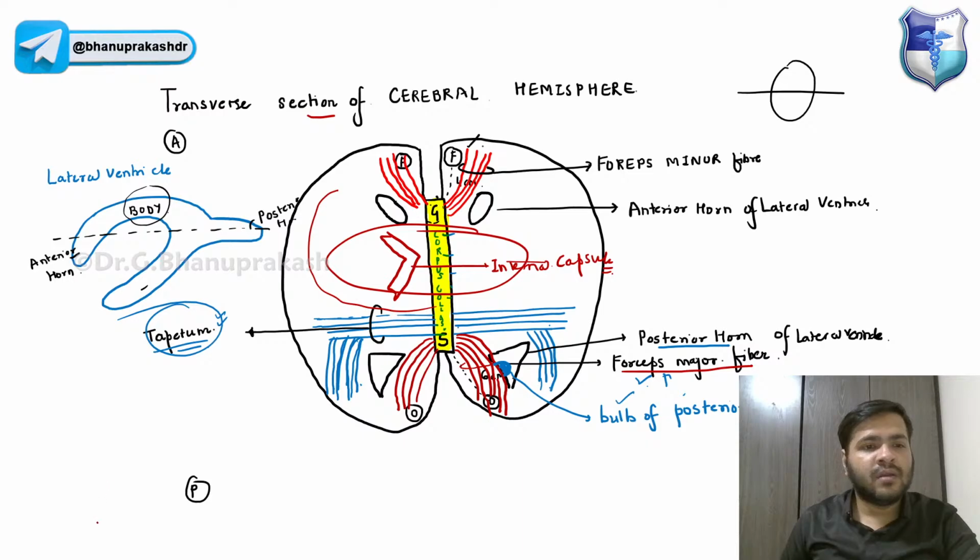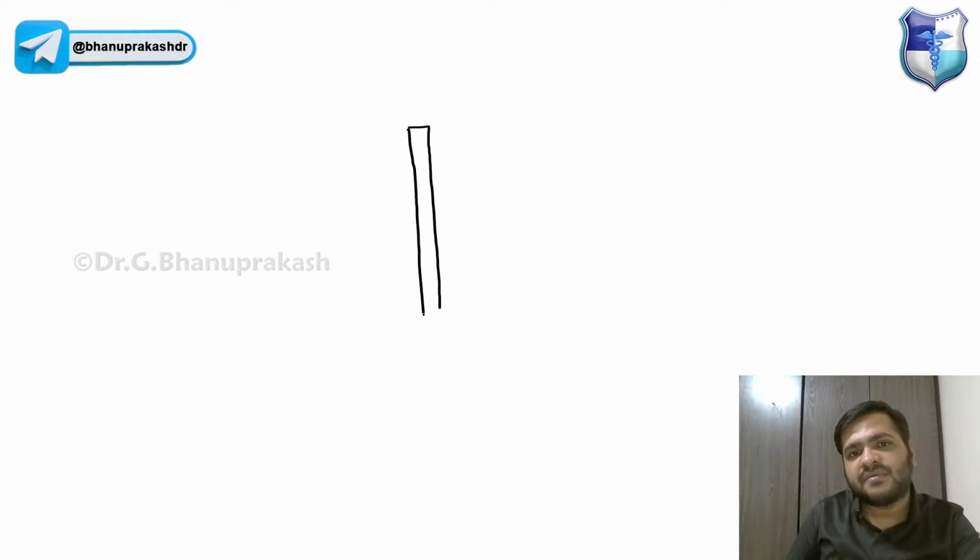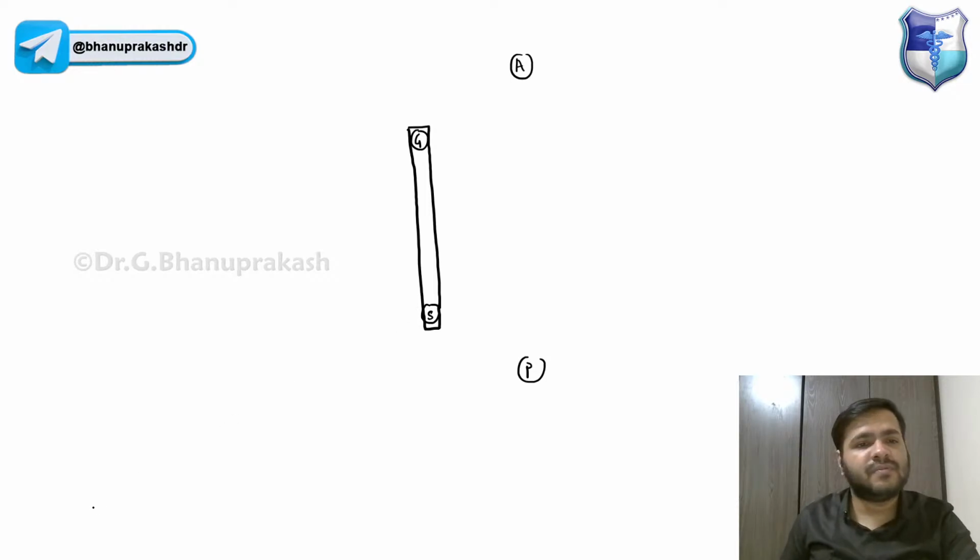Now I'm taking this corpus callosum. Again, this is a transverse section, guys, and you already know this is the corpus callosum. From anterior to posterior, this part is the genu, and this part is the splenium.